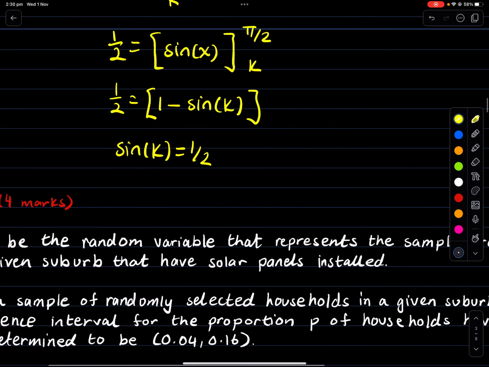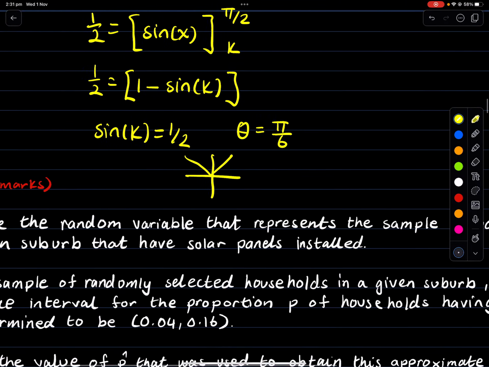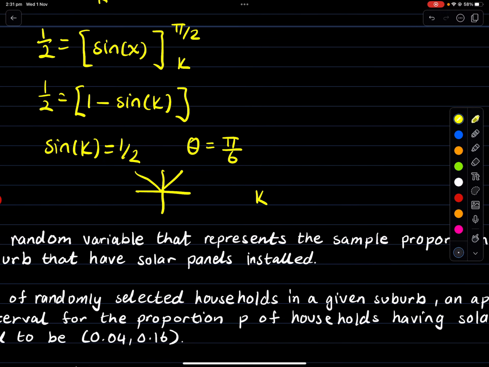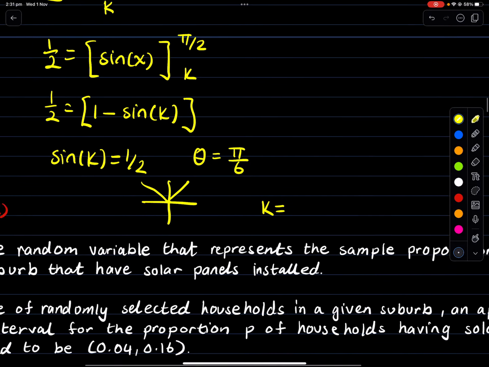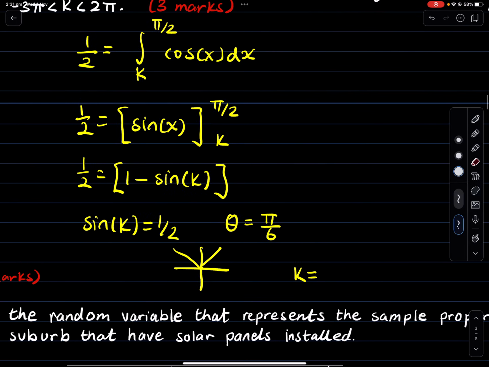So what is our base angle? Our base angle is pi on 6. So in which quadrant is sine positive? Well, it's here and here. So your values of k are going to be what? We want it from negative 3 pi to 2 pi.